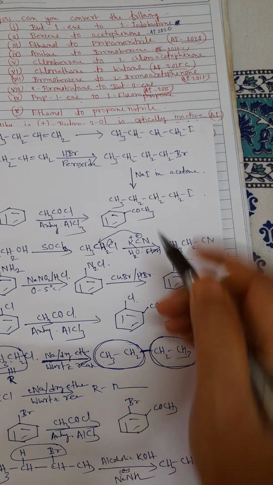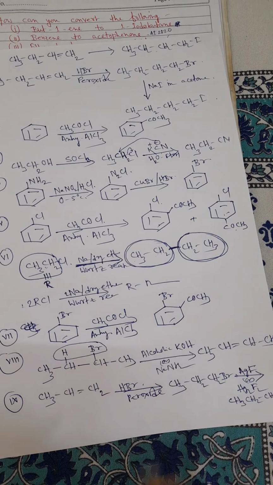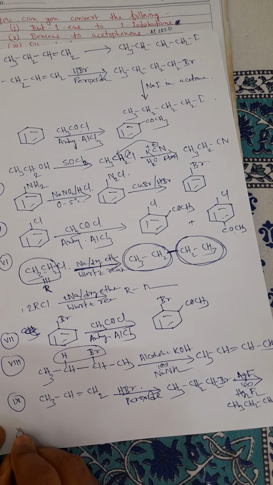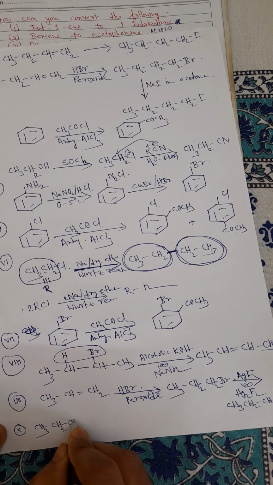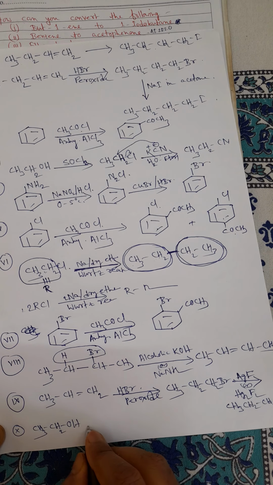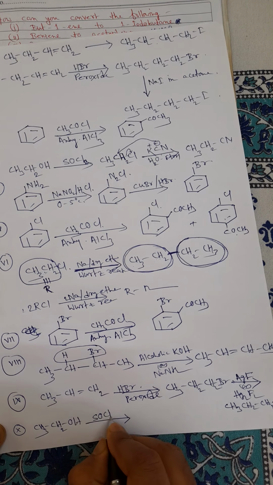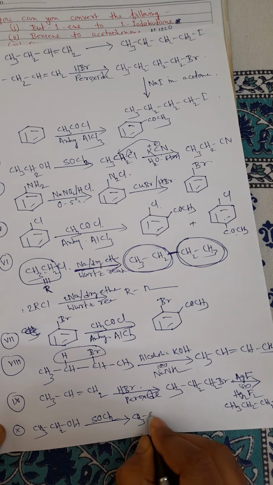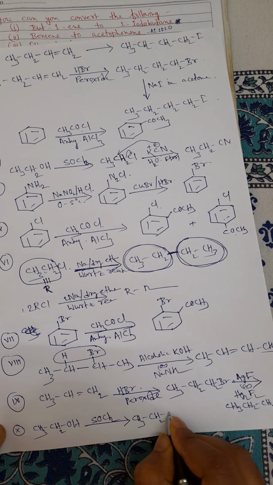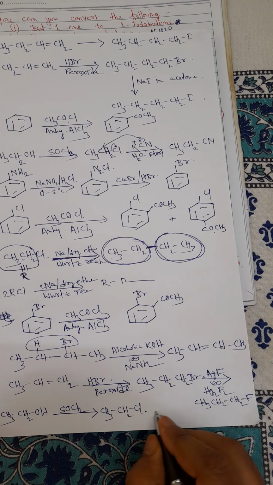The next one is ethanol to propane nitrile. Ethanol is CH3CH2OH. If you treat this one with SOCl2, then you will get CH3CH2Cl, that is chloroethane.